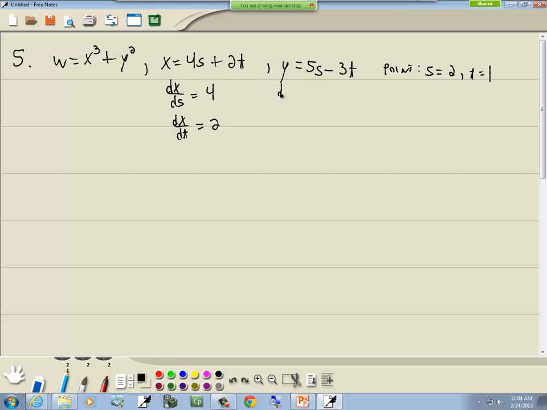And then we'll have the derivative of y with respect to s, which is 5, and then the derivative of y with respect to t is going to equal negative 3.